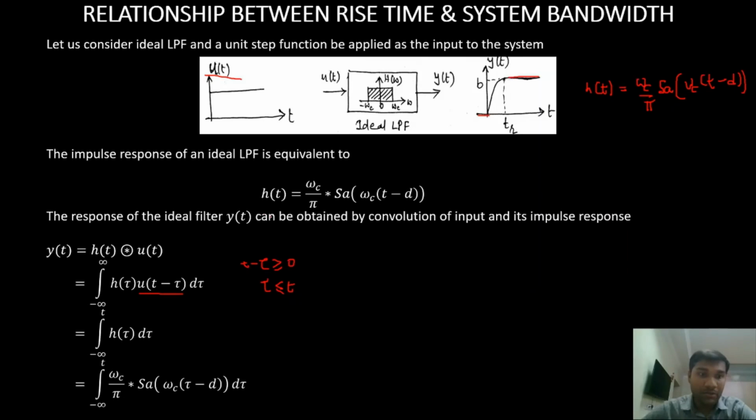Now in place of h of tau, I will substitute my impulse response, replacing t with tau. Now I will integrate this. Minus infinity to t of omega c by pi times the sampling function of omega c tau minus d, d tau.